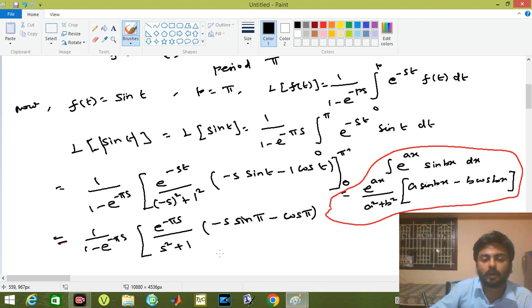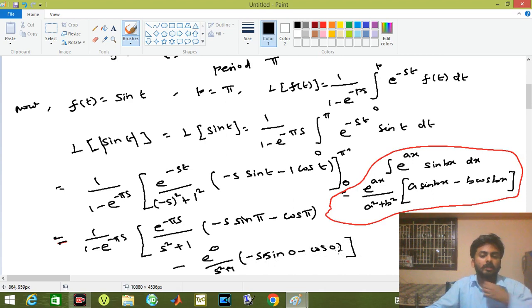Now minus lower limit, that is e power of 0 divided by s square plus 1 into minus s sin 0 minus cos 0.